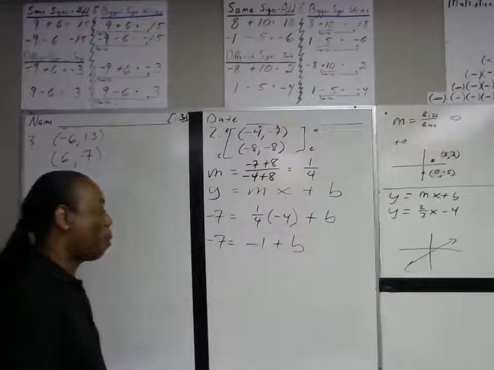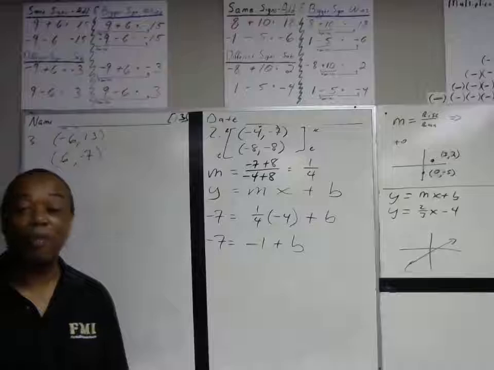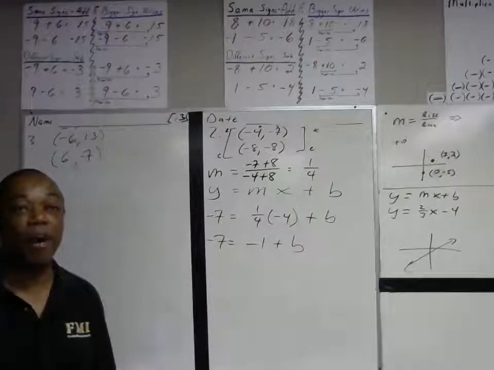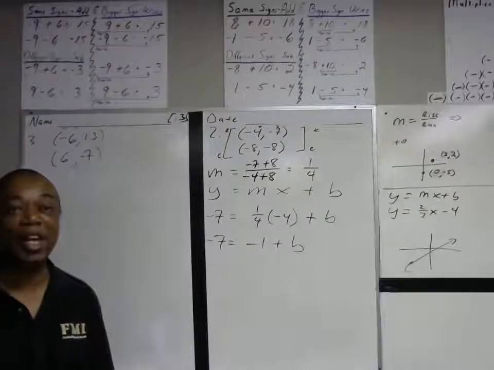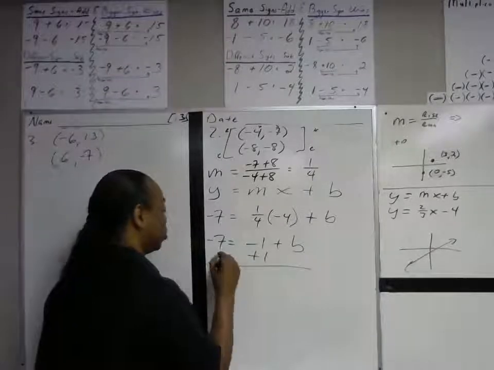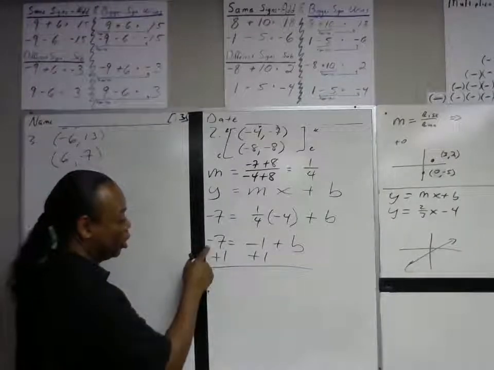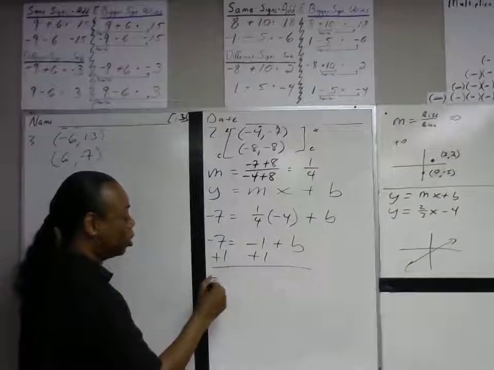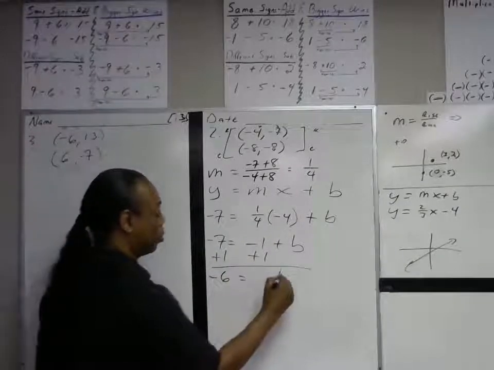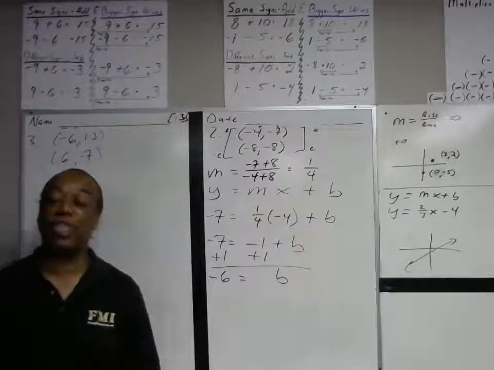All right. From here, this is a right side problem, so I'm going to isolate b by adding 1 to both sides. Bigger sign wins, and the different signs subtract. So we get negative 6 equals b.